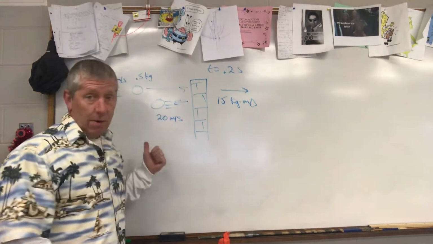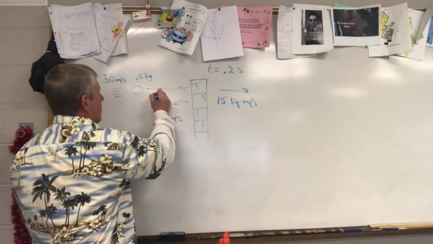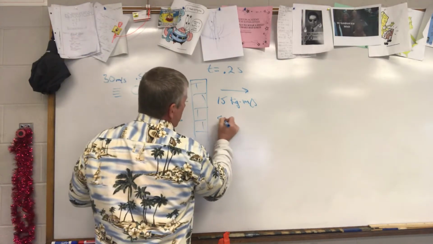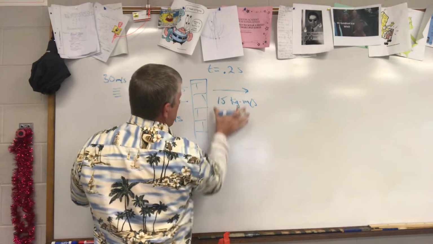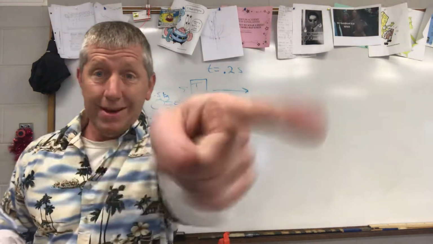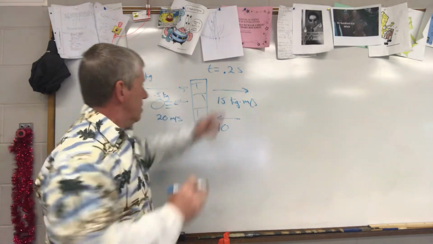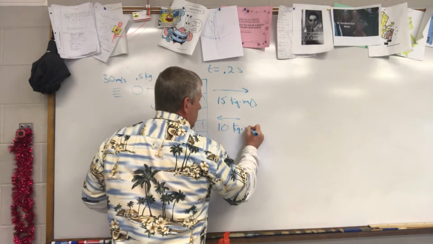Coming in, coming out. 20, still the same tennis ball, so the mass is 0.5. 20 times 0.5 is 10. So going back to the left, notice that I'm going to draw this arrow shorter than this arrow because momentum is a vector. It is a vector, yes, so it has an arrow distinguishing it. So 10 kilogram meters per second.